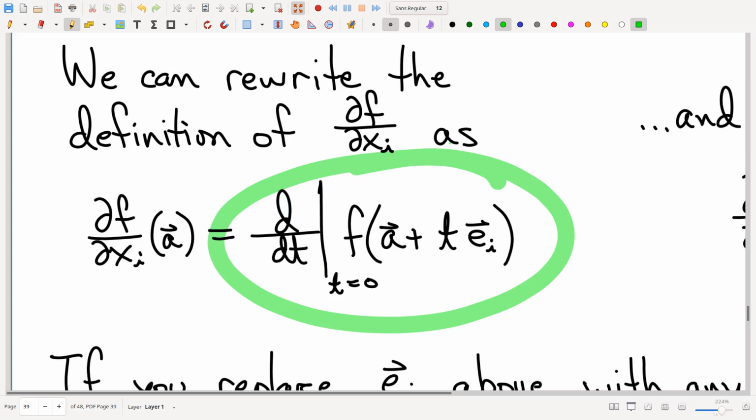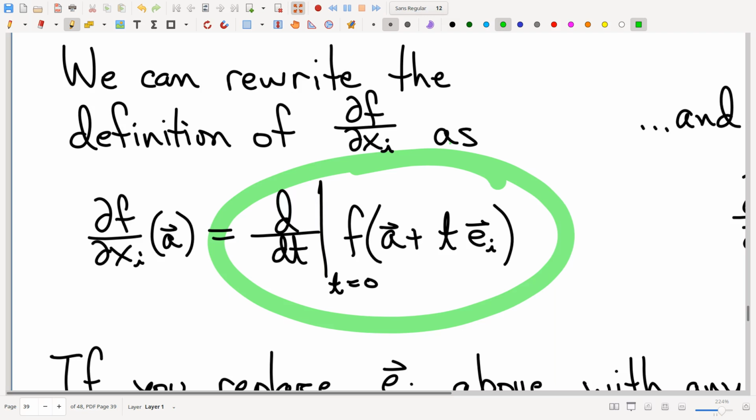Only in the direction of xi. Said differently, only in the direction that ei points. Right? Another way to say it. So I'm at A, I'm moving in the direction of ei, and I want to know how fast f is changing. Now let's look at this expression right here.